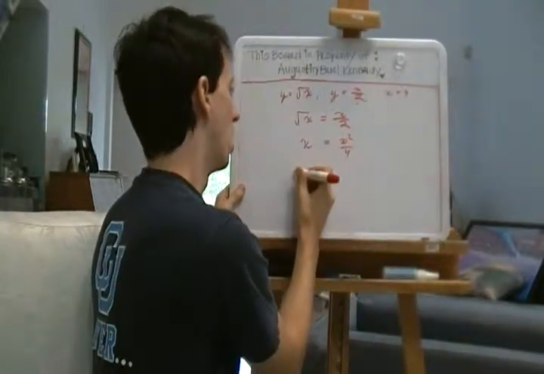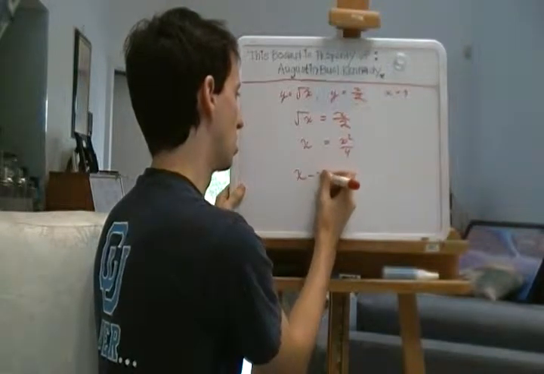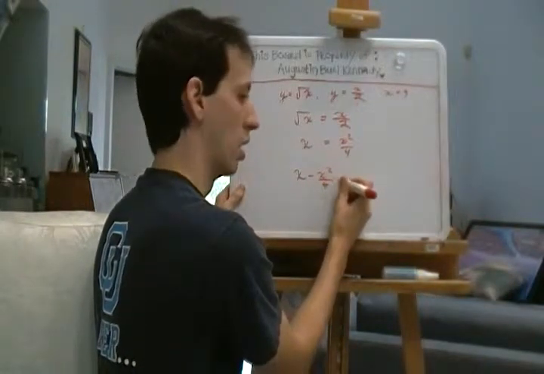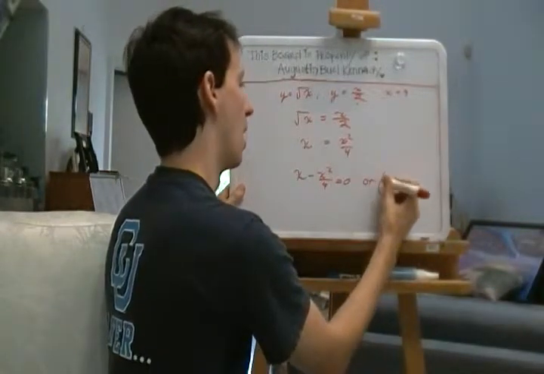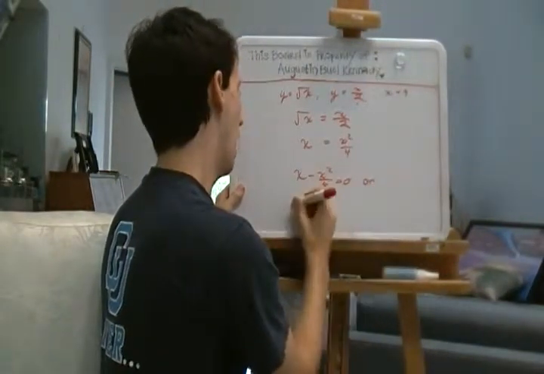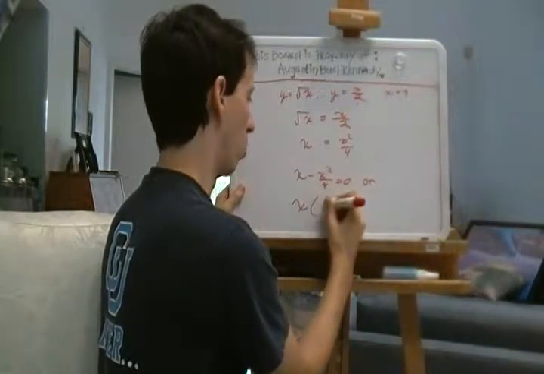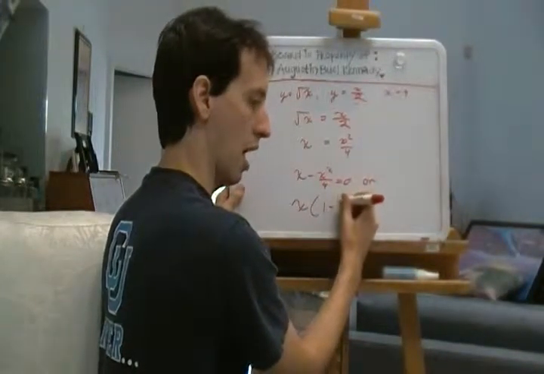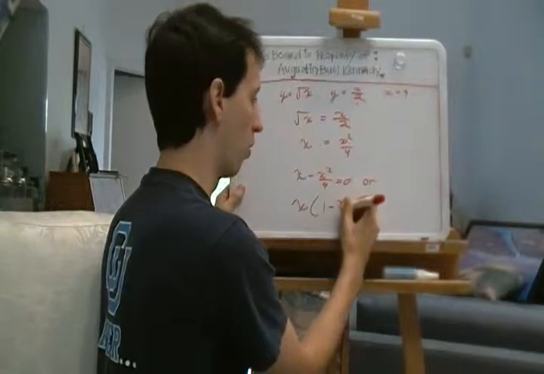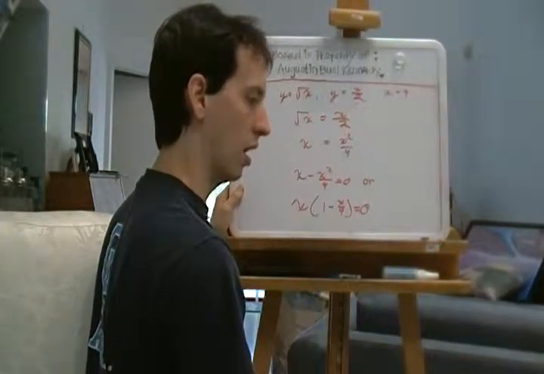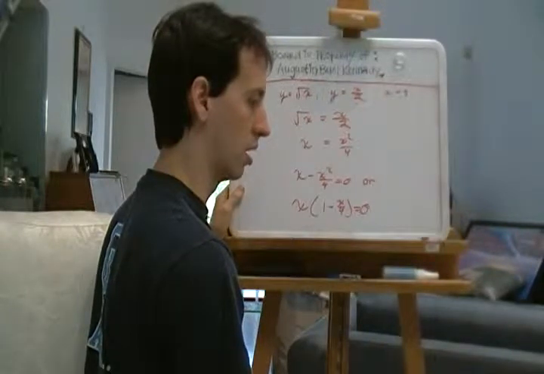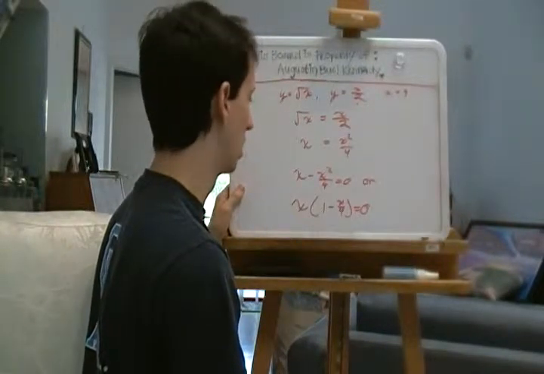So, x minus x squared over 4 equals 0, or x times 1 minus x over 4 equals 0. Did I do that right? I may have done that wrong, actually.